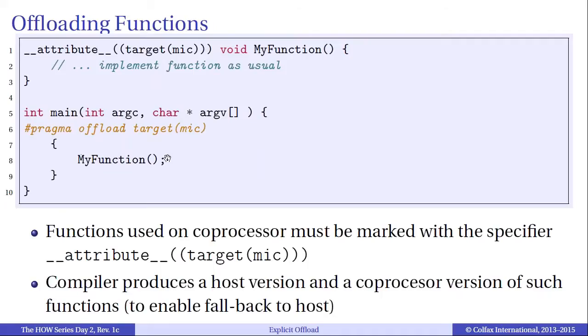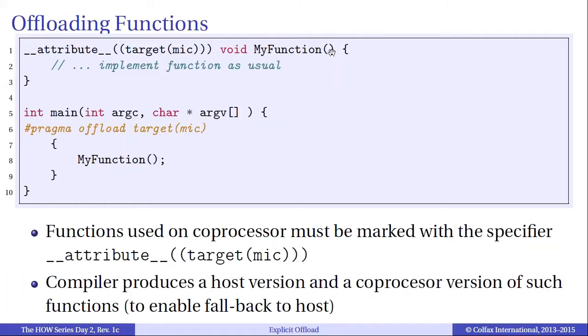So to give the compiler this hint, you have to include this statement, attribute target mic, before the function declaration. When the compiler sees this function, it will realize, I need to compile this function for the Xeon Phi architecture.